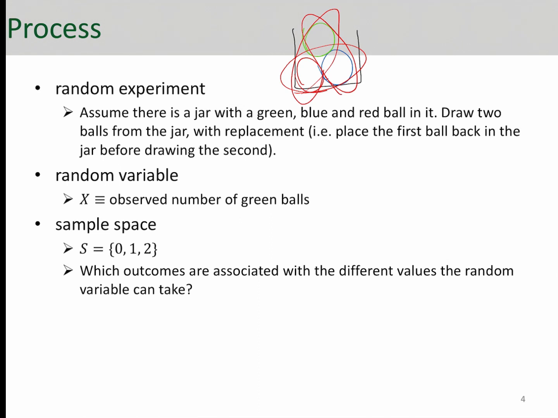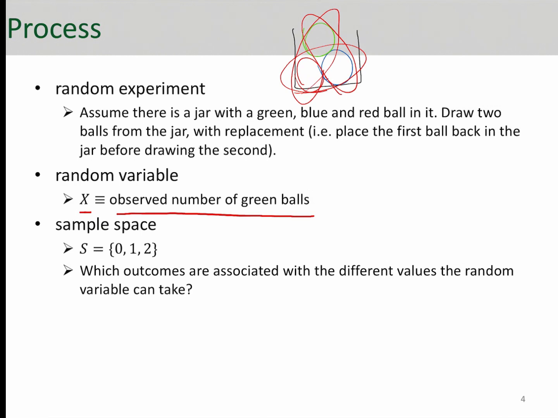Here we are defining a random variable x, and we define it as the observed number of green balls. So now that we have gone through all the outcomes that can happen, we know that x, this random variable, can be 0, 1, or 2, meaning that the two balls you're grabbing out of this jar can have 0 green in it, 1 green in it, or 2 greens.